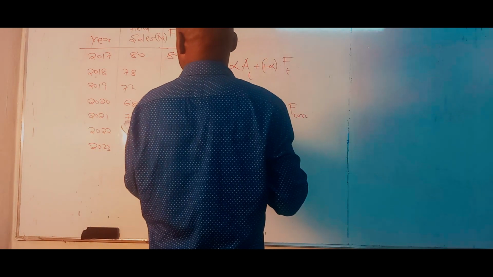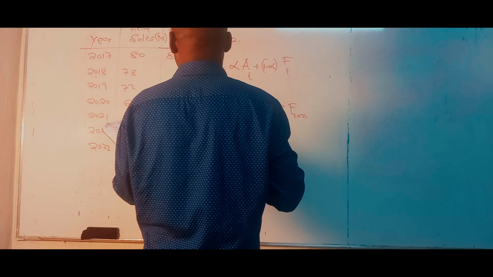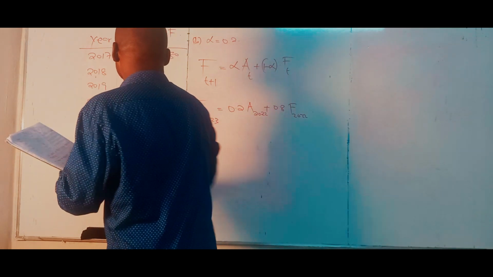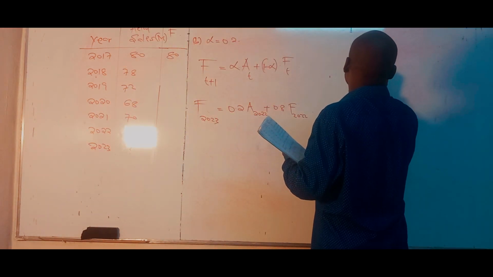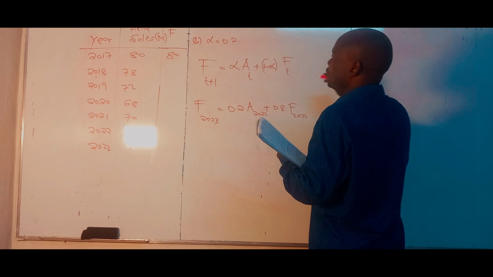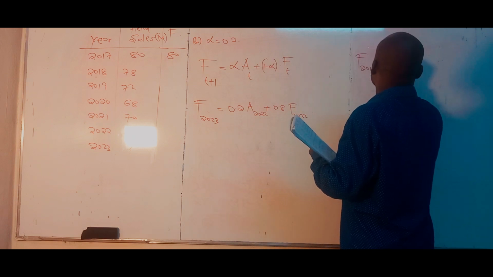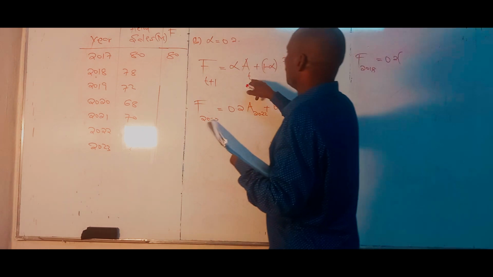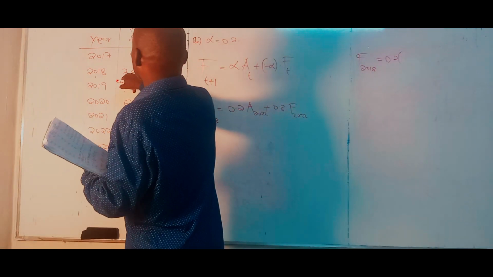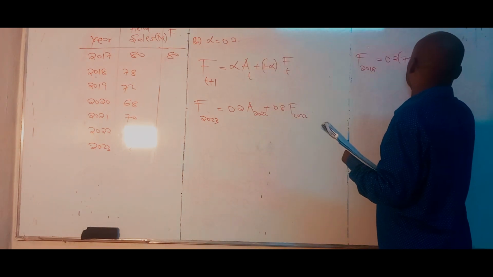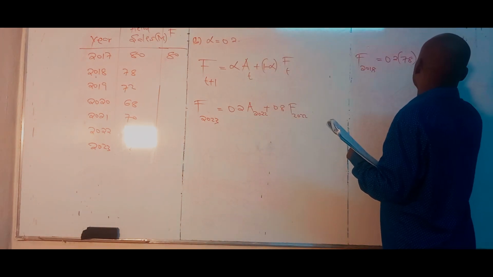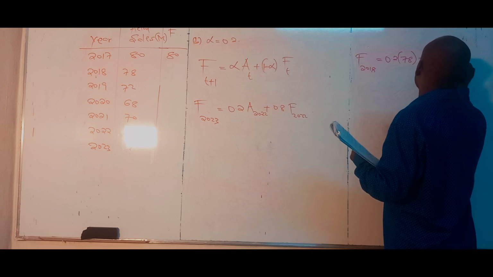Then how do we get the forecast for 2018? Forecast for 2018 will be 0.2 times actual for 2018, which is 78, plus 0.8 times 80.